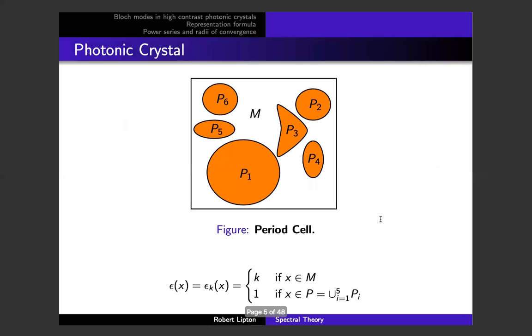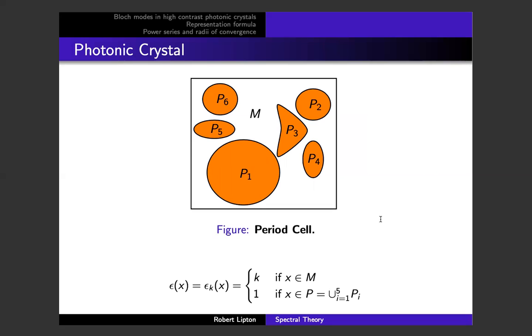And in particular, what we're going to look at is, this is sort of looking into a plane. These are prismatic. You could think of P1 through P6 as the cross sections of infinitely long prismatic rods, and we're looking at the plane transverse to them, and this is their cross sections.